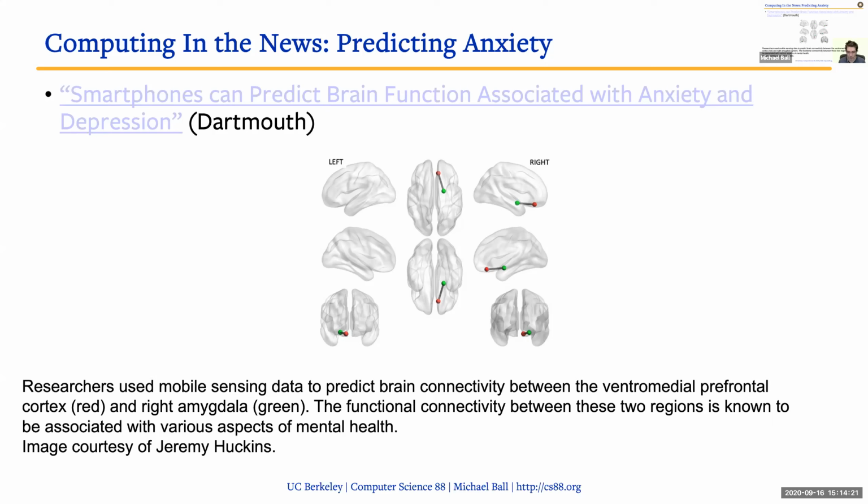And so this is the first study that they claim of using data collected passively, so just by you using your smartphone, to understand what's happening in your brain. And so they're combining this data, things like what apps you use, how long you spend on your smartphone. I don't know all the details.